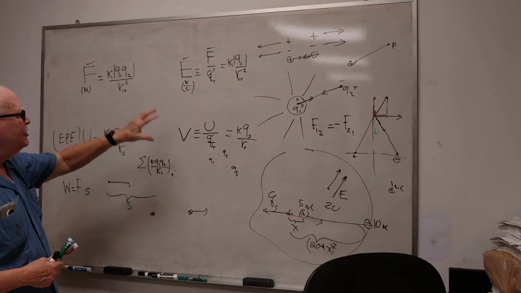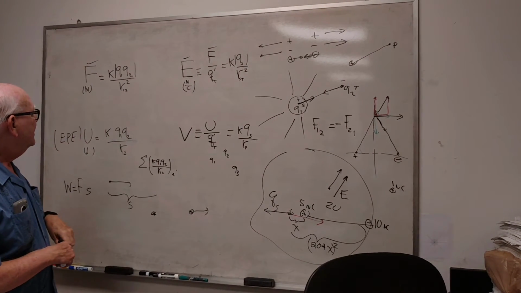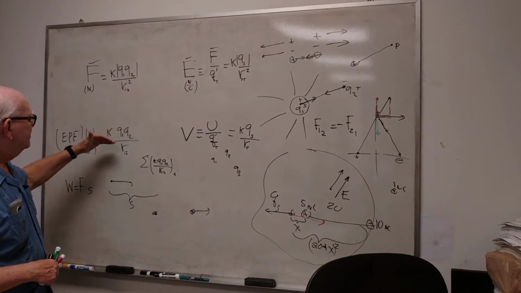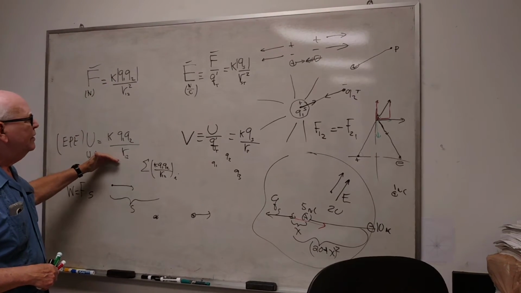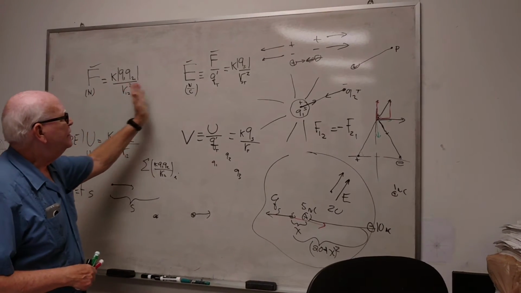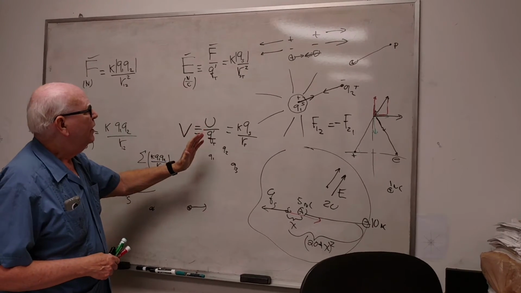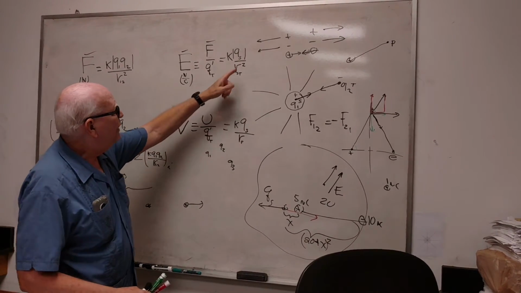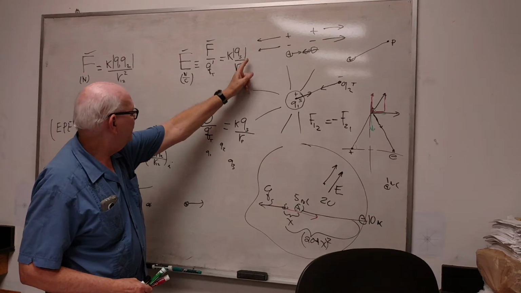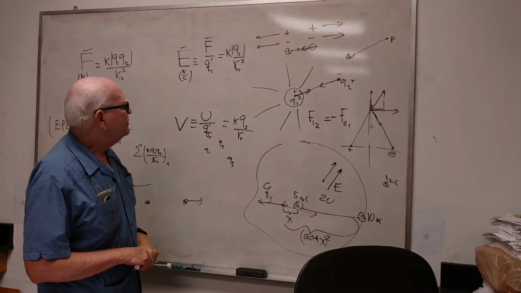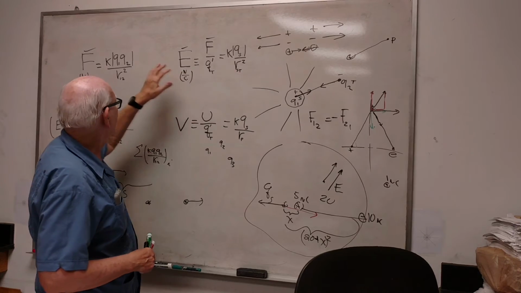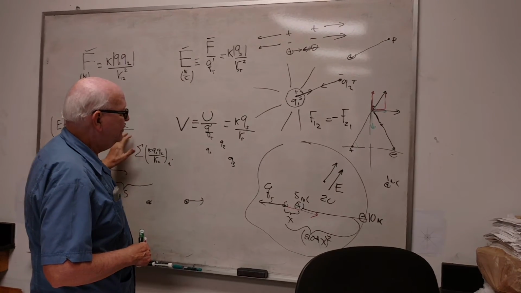So there's a relationship in the sense that if you multiply this by R, you get this one. If you divide this by Q, you get this one. If you multiply this by R, you can go direct from the field to the potential. See, just multiply by R. As you did here, multiply by R, you get the energy.